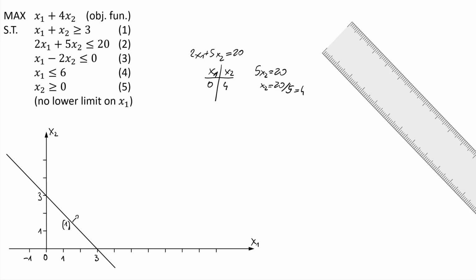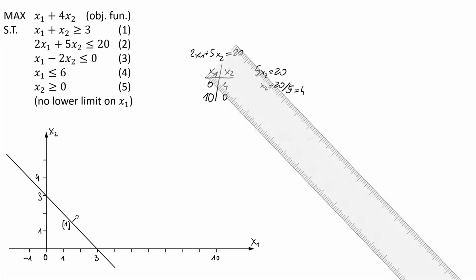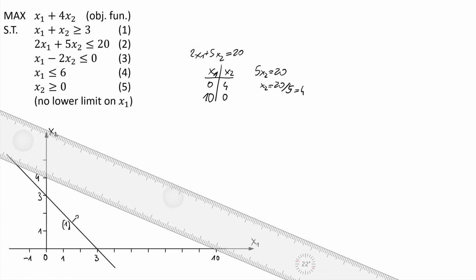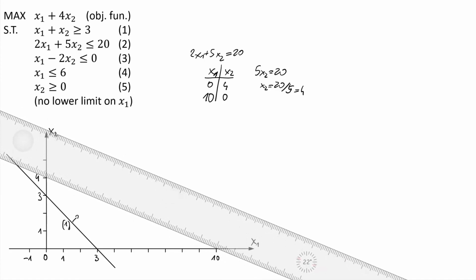And then if I try 0 for x2, 2x1 equals 20, that will be x1 equal to 10. So I need to find where x1 is 10: 4, 5, 6, 7, 8, 9, 10 is this point. So here, 10, 0, the line will cross the x1 axis, and at 0, 4 the line will cross the x2 axis. So now I need to again plot a line that crosses these 2 points.